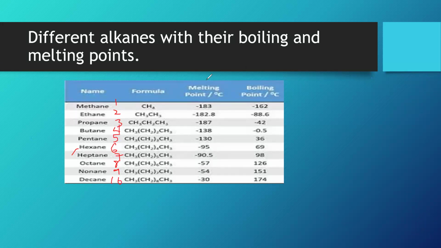So you realize that from pentane to decane, we choose the polygonal names. For those that were there, we say that a five-sided figure is a pentagon. That means we remove the "agon" and we take the "pent". And because we are looking at alkanes, and we said alkanes have a suffix of "ane", that is why you have pentane here.